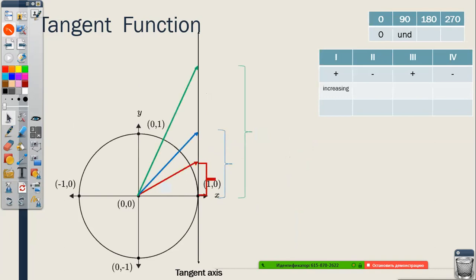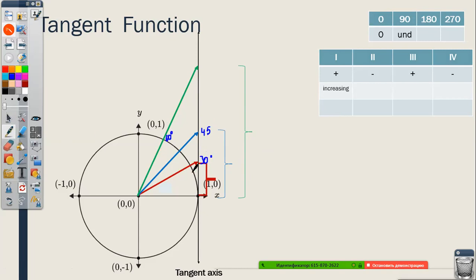Notice that when the angle is increasing, the values of tangent are also increasing. The first angle is smaller, maybe 30 degrees, then 45, then 60 degrees.